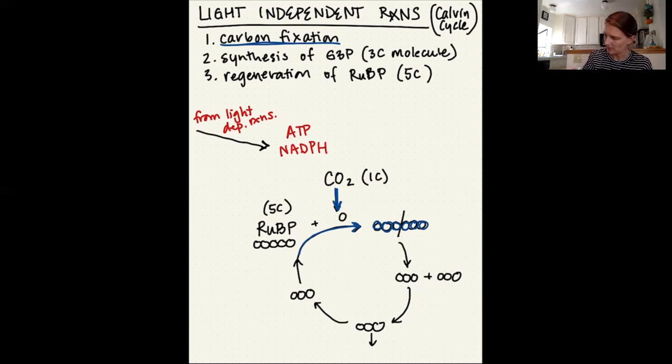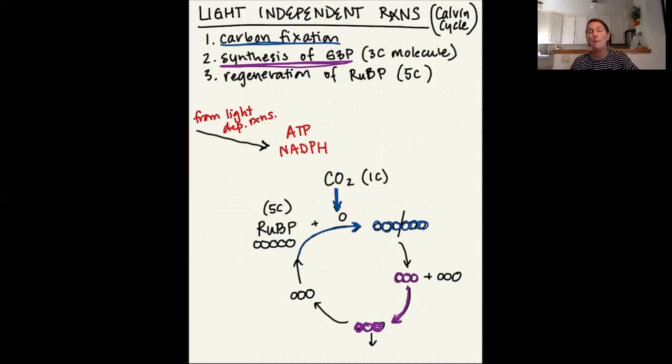Now, if we do synthesis of G3P in purple, that is going to be down here when we make the G3P, where the 3-carbon molecule, which is going to be used to make glucose, right?